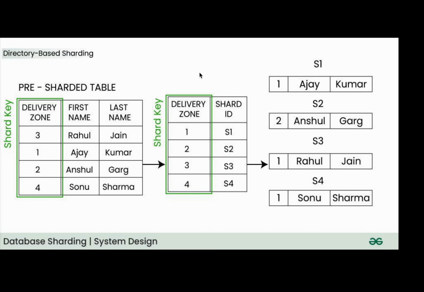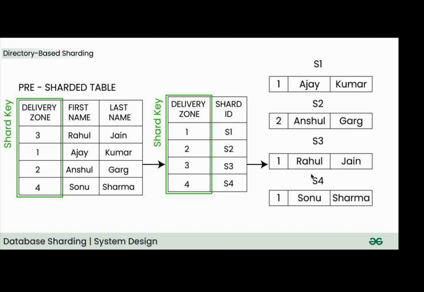Number three, client queries directory. When you need to find or update data, the client or application first consults the lookup service to see which shard the data is on. Then, armed with that info, the client goes directly to the right shard.